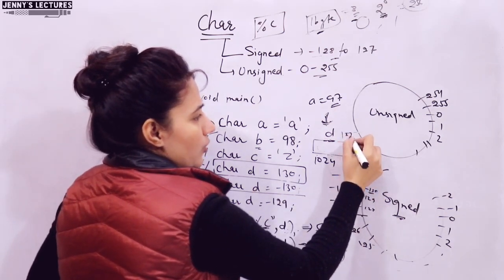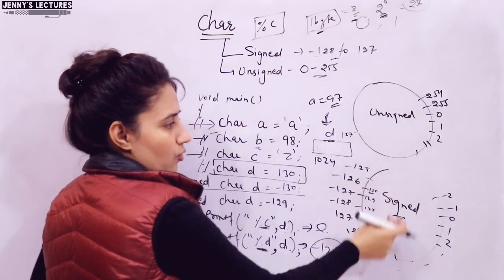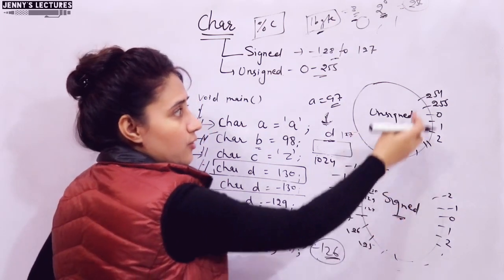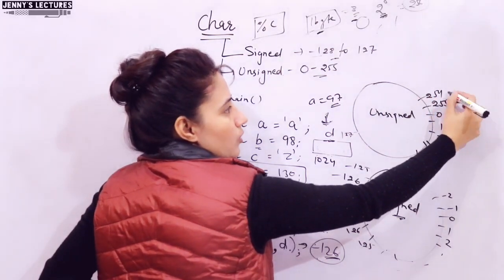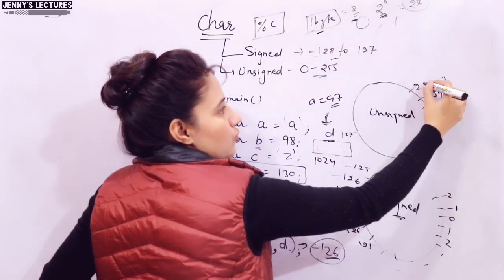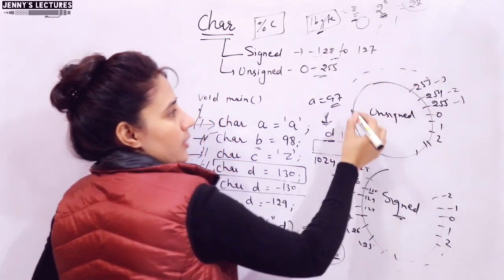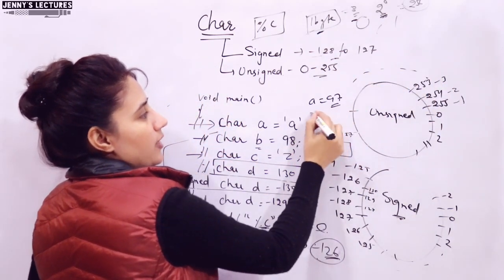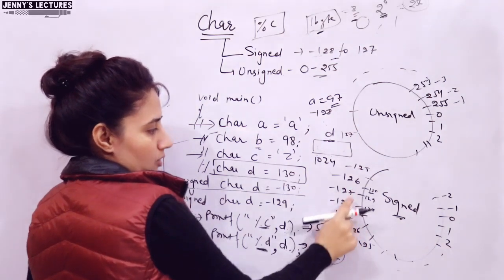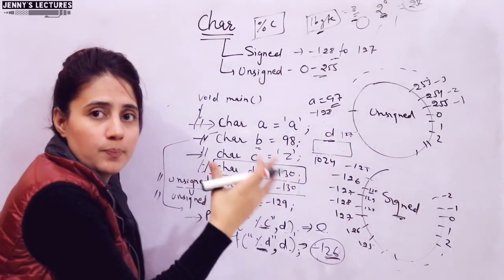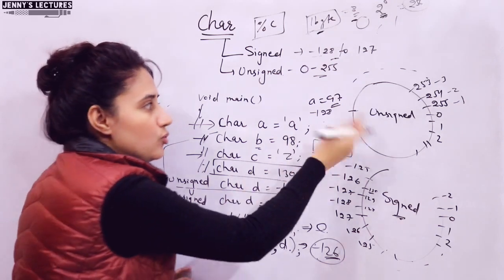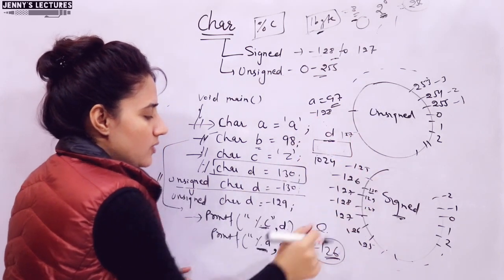Somewhere we will have 127, because these are somewhat the same. Here we have positive values, negative values. If you write the corresponding negative value, then minus 1, minus 2, minus 3 correspond to 255, 254, 253, like this. And somewhere we will have a value minus 128, like in this one, right? But here the actual data would be a positive value only, and corresponding to that we have minus 128. You can see in this circle.